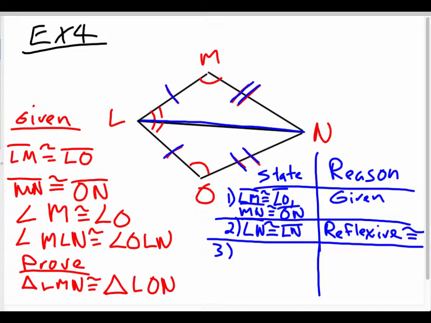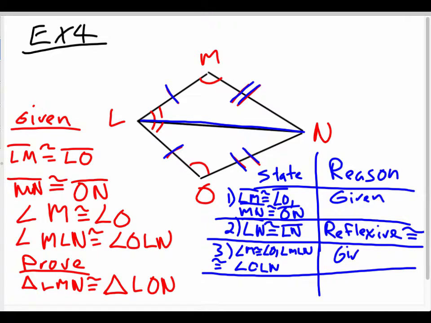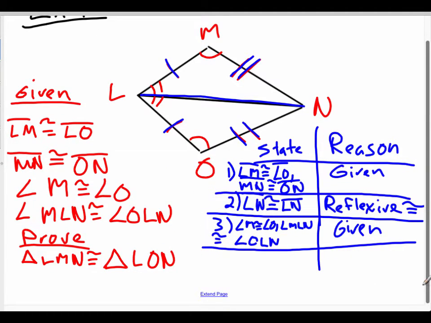I guess the other thing that I need to figure out is the angles. So I know that angle M is congruent to angle O. I also know that angle MLN is congruent to OLN. And I know that because those were given to me as well, based on the figure, the way that the figure was drawn.